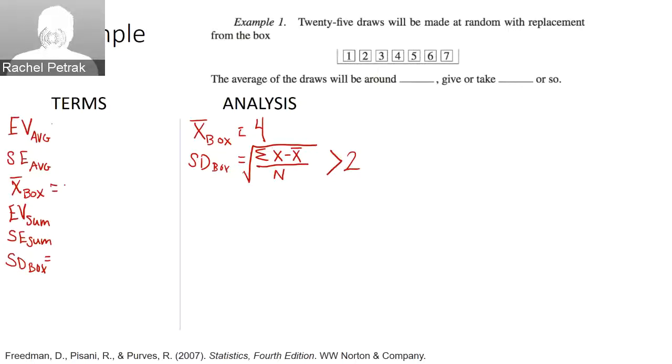So let's collect our terms over here. The mean of the box is 4. Standard deviation is 2. Excellent. Now we're ready to get the expected value of the sum, excuse me.